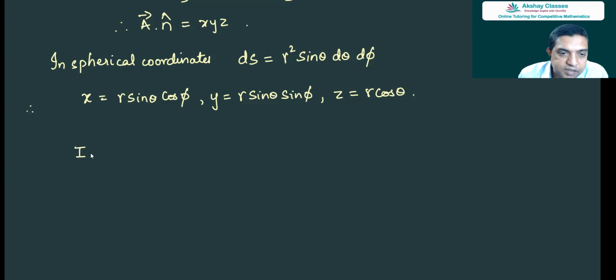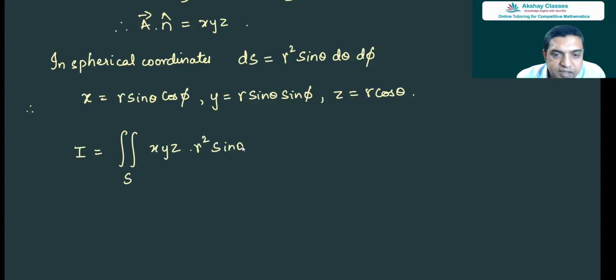So I is the integral over the surface of x, y, z times r square sine theta d phi d theta.